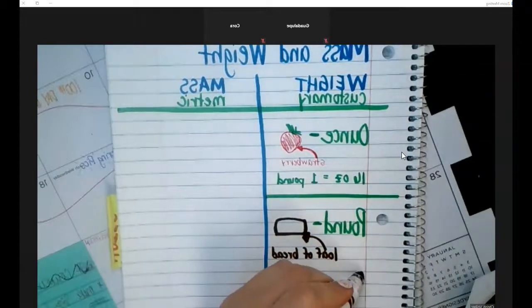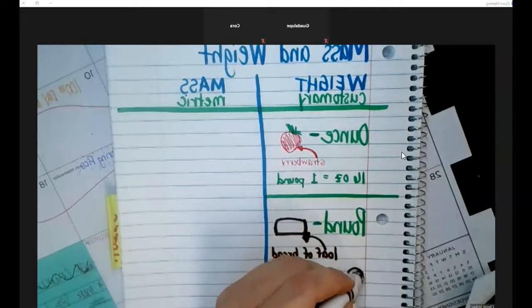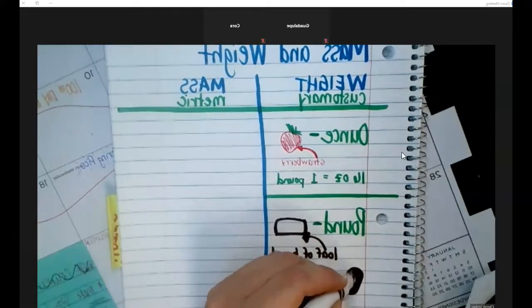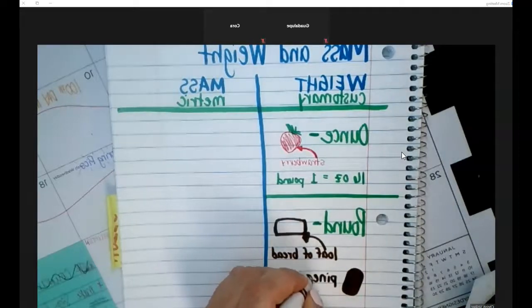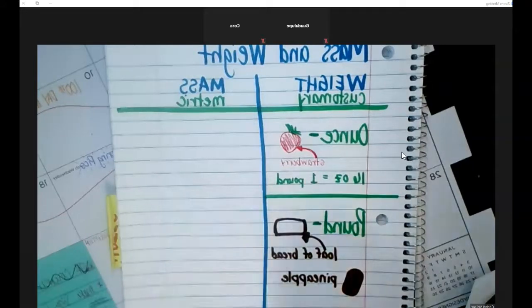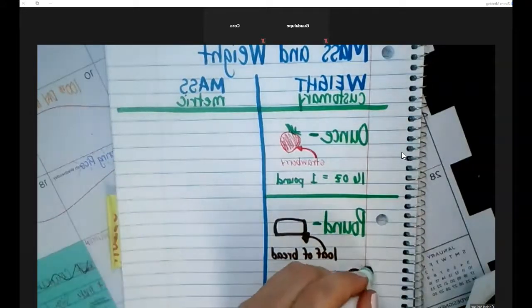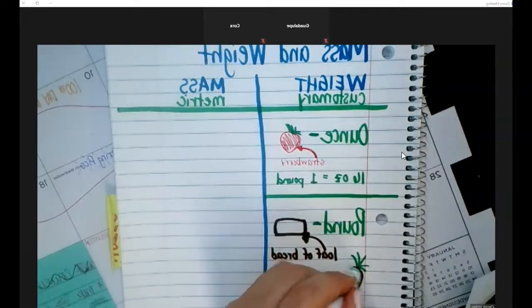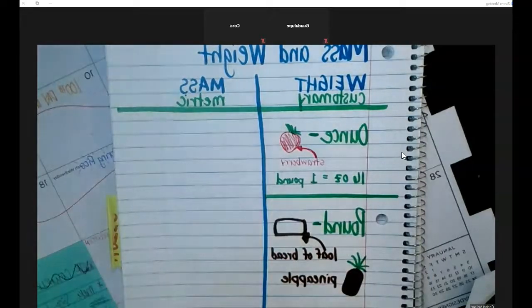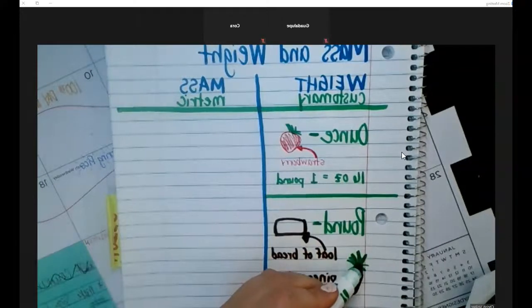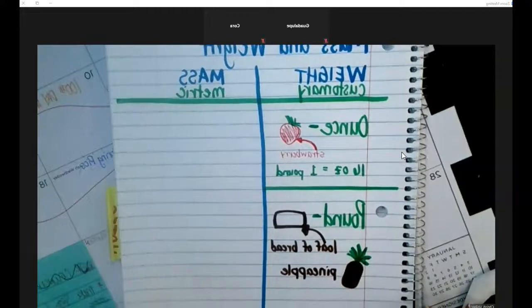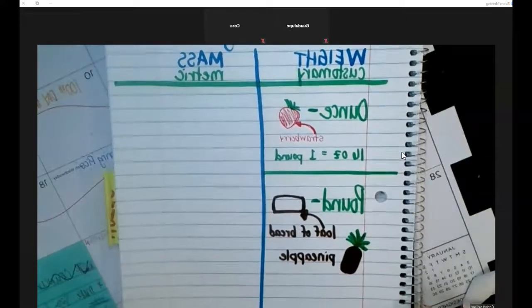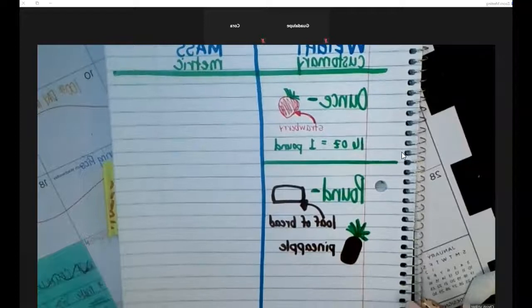Then you could also say a pineapple. So pineapple or a loaf of bread.